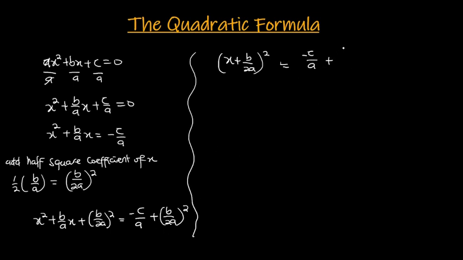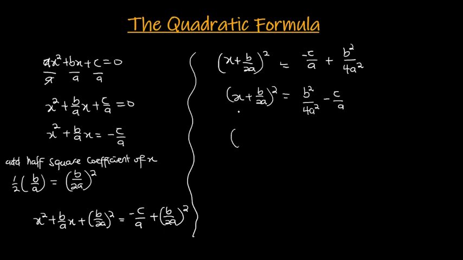If I expand this, it will give me b squared on 4a squared. So I can rewrite this as x plus b on 2a all squared is equal to, then I bring this first, b squared over 4a squared minus c on a.